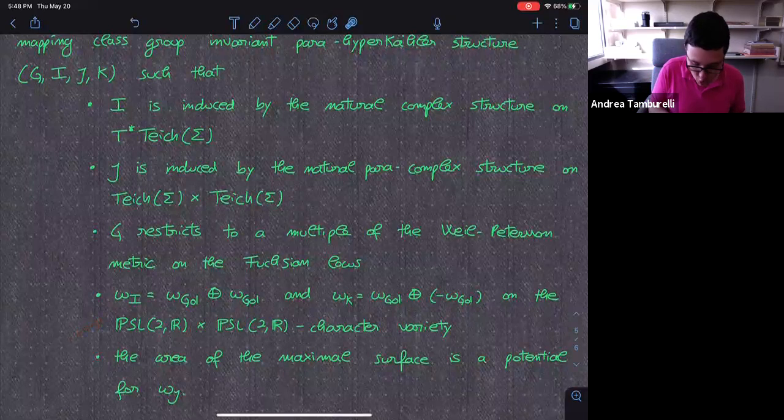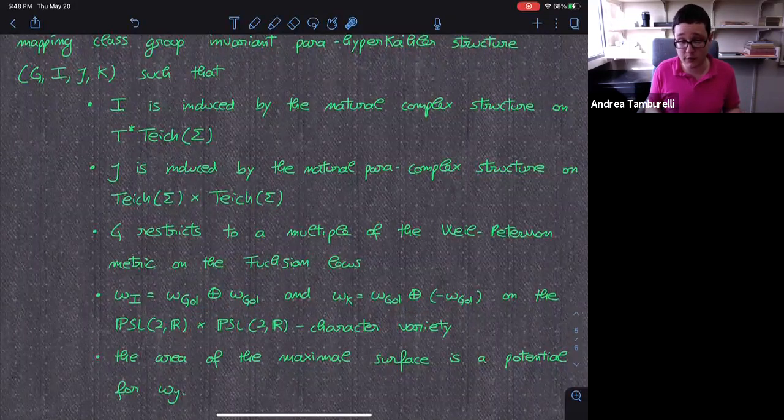The symplectic forms omega_I and omega_K are the sum and the difference of Goldman symplectic forms on the PSL2R cross PSL2R character variety.